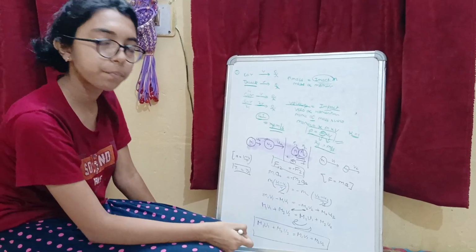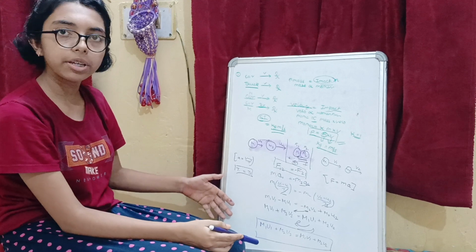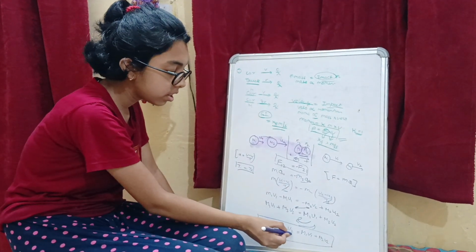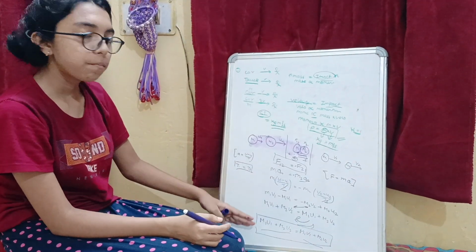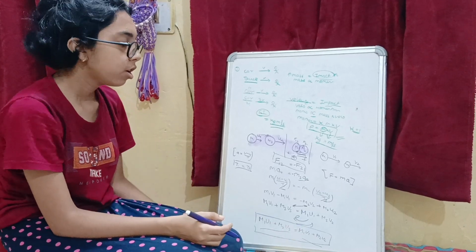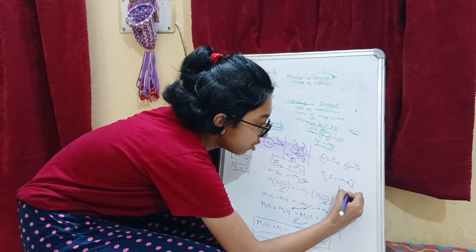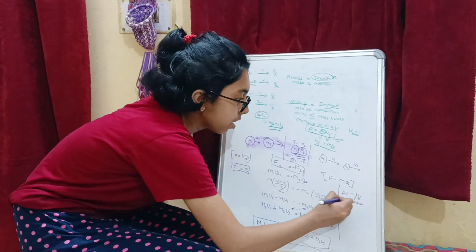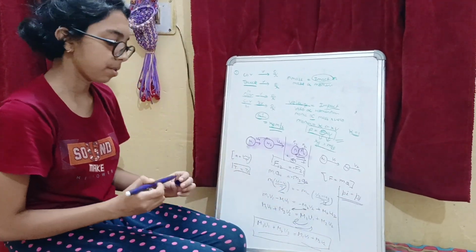From here we can say that the conservation of momentum is proved. We can also write it as initial momentum is equal to final momentum, so P initial is equal to P final.